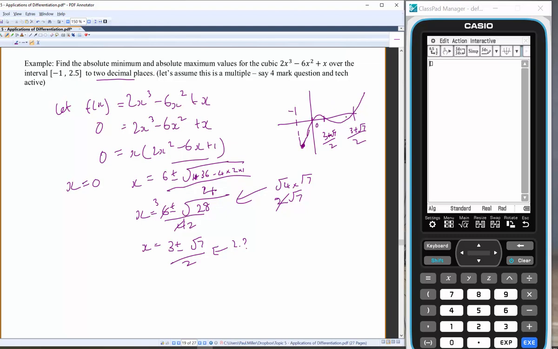Well, 2.5, where would that be on this? That is 3 plus 2 point something, which is, let's just say it is 3. 3 plus 3 is 6, 6 over 2 is 3. It's going to be a little bit less. 2.5 is somewhere around about here. All right, don't know exactly where.